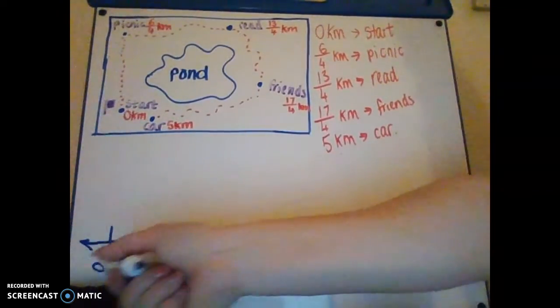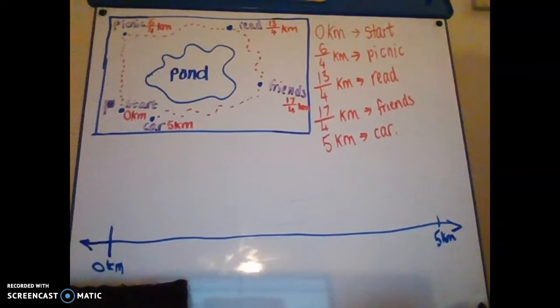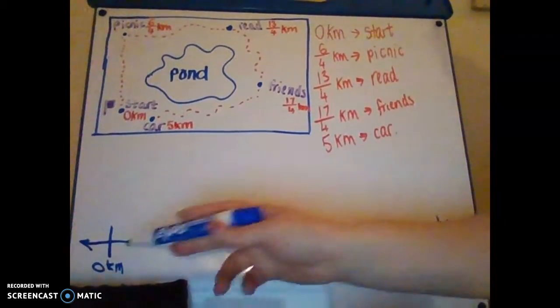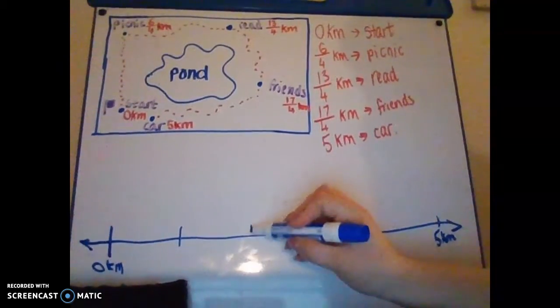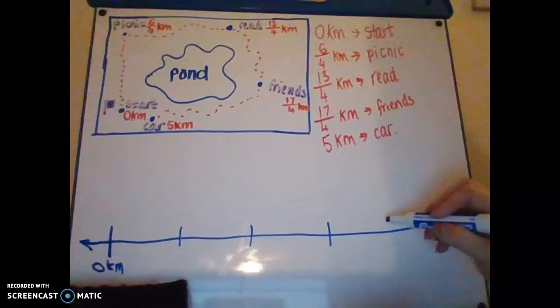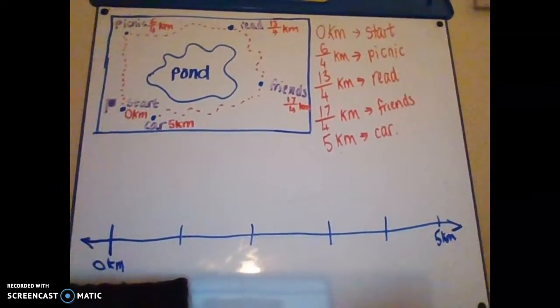So I went from 0 kilometers all the way up to 5 kilometers. Now I need to split it up, 0 to 5. So I can put 1 kilometer, 2 kilometers, 3 kilometers, 4 kilometers, and 5 kilometers.